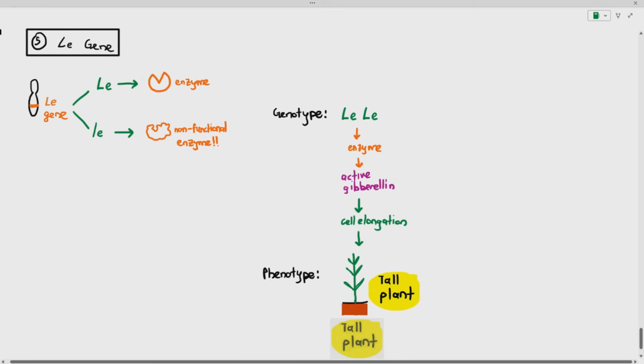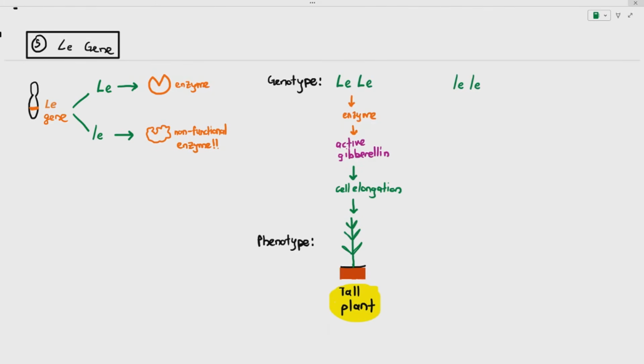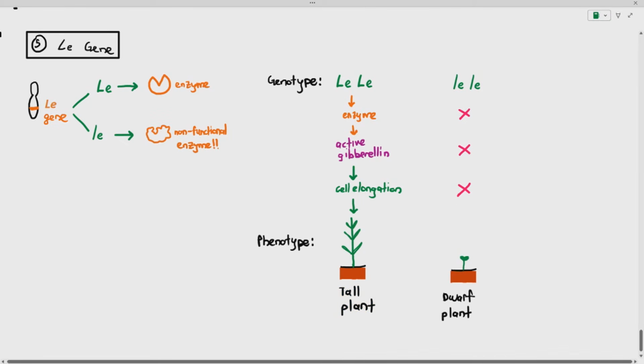Simple. But if the plant is small le, because remember it has two alleles, it received one allele from the male parent, one from the female parent, and in this case it cannot code for the normal enzyme, or the enzyme is non-functional. The enzyme cannot produce active gibberellin, no cell elongation happens, and the plant will be a dwarf. That's it.